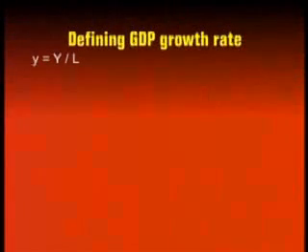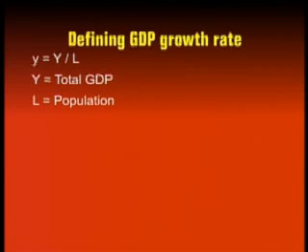Let's assume here that capital Y stands for the real aggregate GDP in the economy. That is the total output that is produced in the economy, or the total income level. Whereas L is the total size of the population. Here, again, we have not made the distinction between population and the labor force. We assume for simplicity that they are the same. But as you know, in actuality, there is a difference.